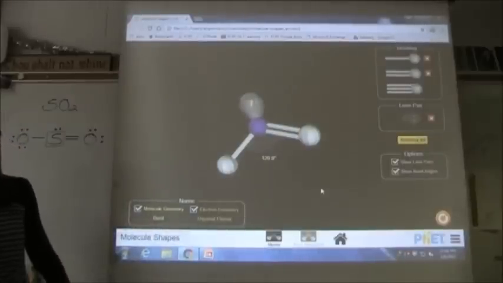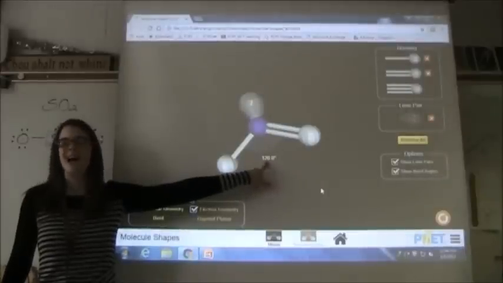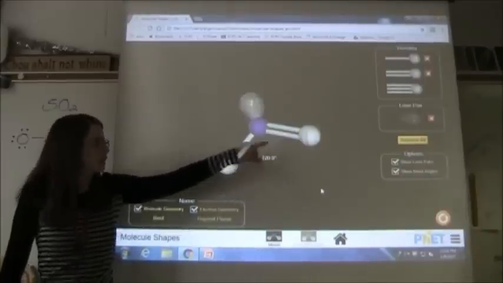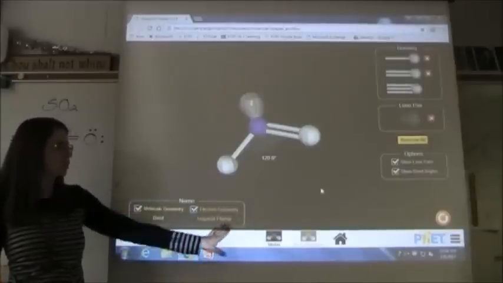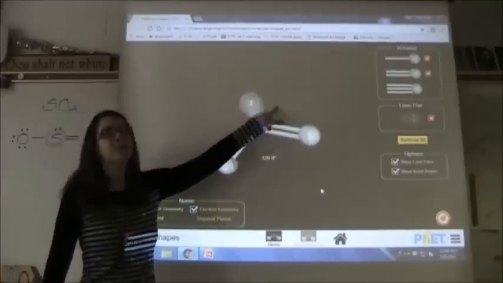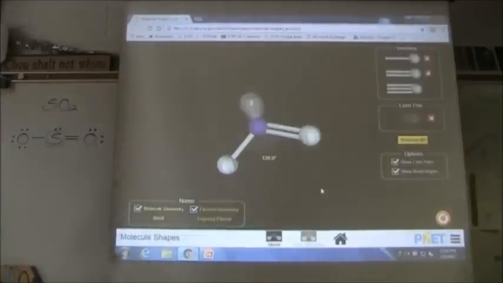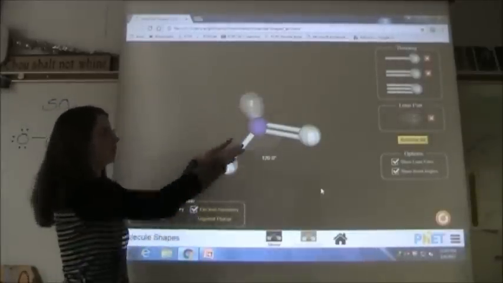Now here's the only thing I don't really like about this simulation. The bond angle is not quite 120 degrees. It came from something trigonal planar. The electron geometry is trigonal planar, but lone pairs take up more space than shared pairs.